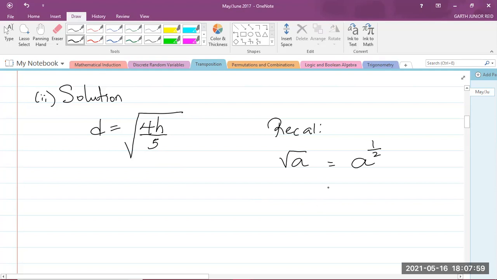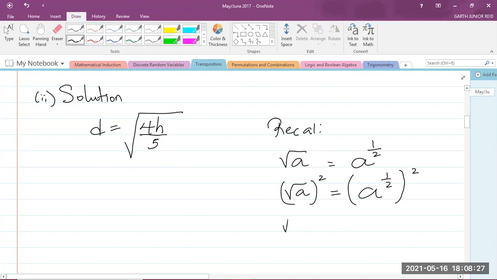So if I square both sides of the equation, then the square root of a all squared is going to be equal to a to the power of a half, squared.